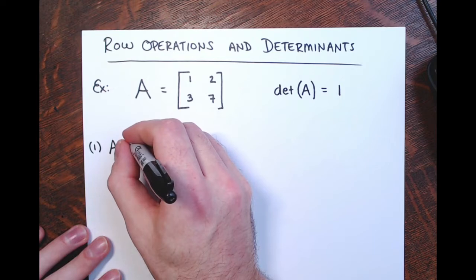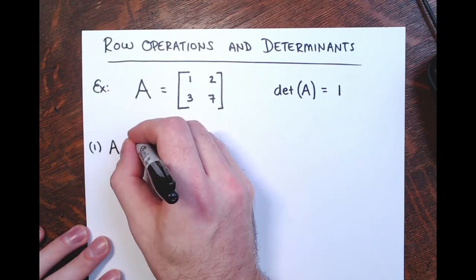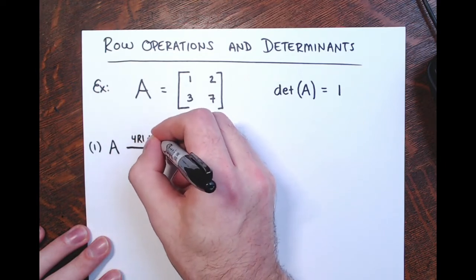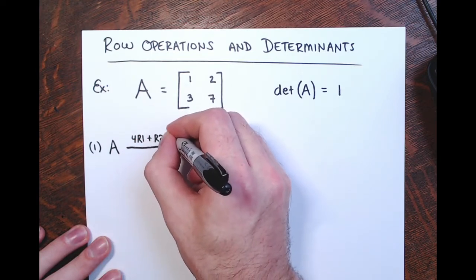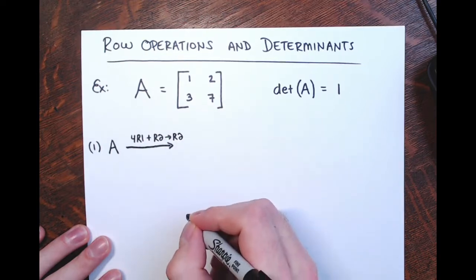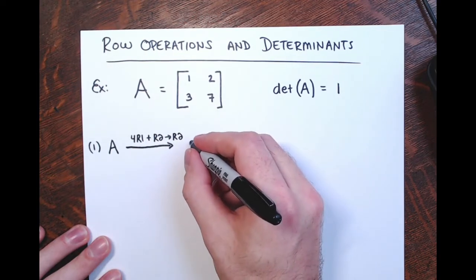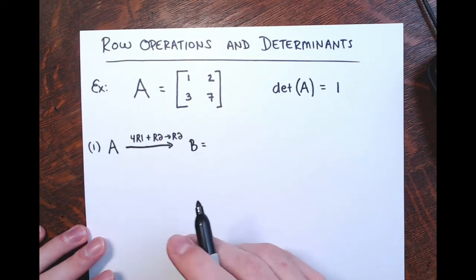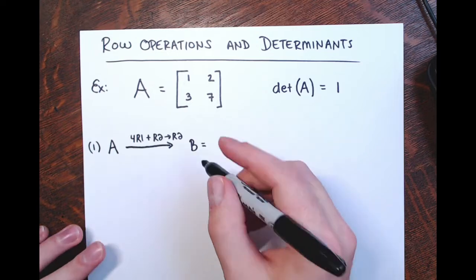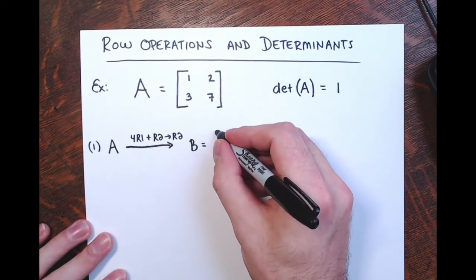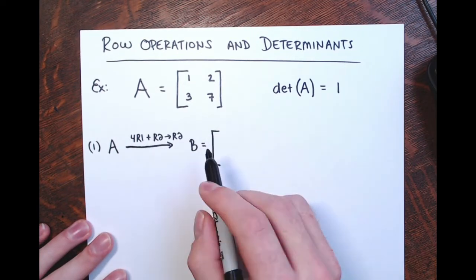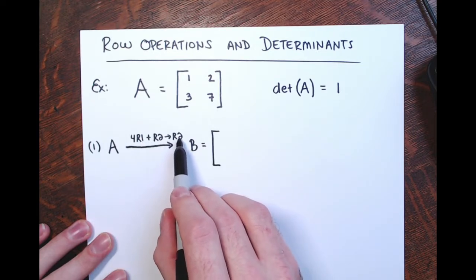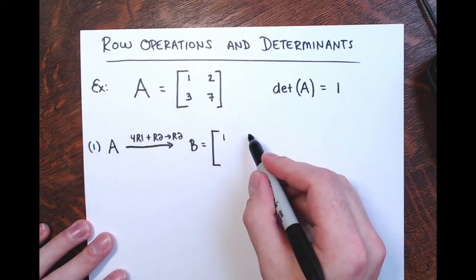Let's say I take 4 times the first row and add it to the second row, and this will produce a new second row. That will create a new matrix which we'll call B, just to stay consistent with the book. Before I was calling it A prime, but this will create a totally new matrix B. Now notice the only row that will be changing is row 2. So row 1, with 1, 2, will stay the same.